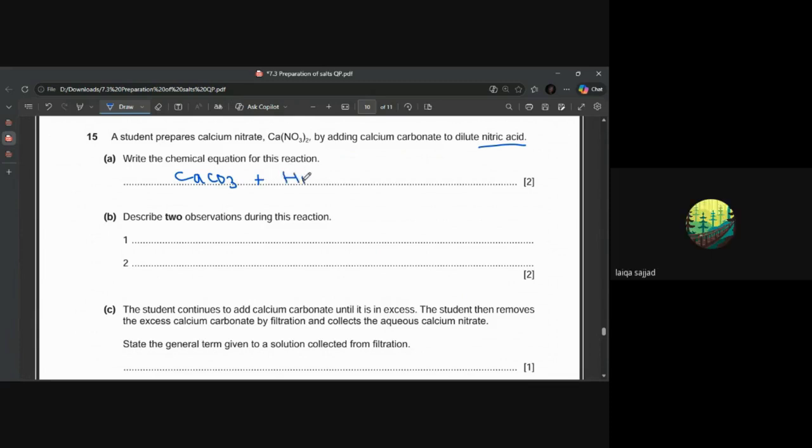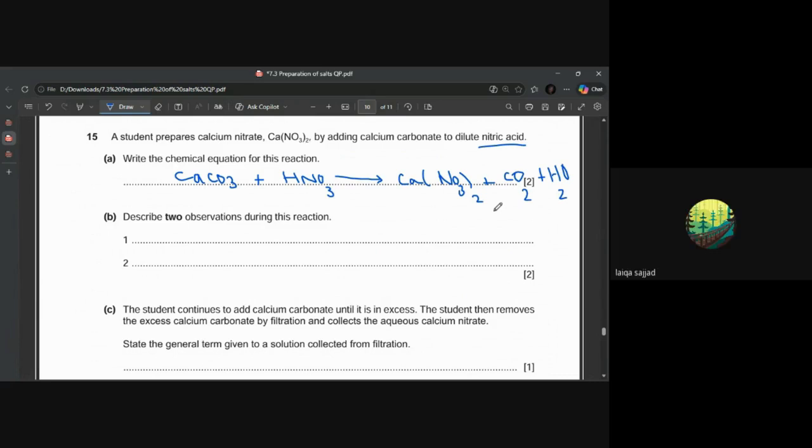And what would be the products that we will get? Yes, it's Ca(NO3)2, calcium nitrate, plus carbon dioxide and water. Very good. Plus carbon dioxide plus water. And is it balanced? There should be two nitric acid.